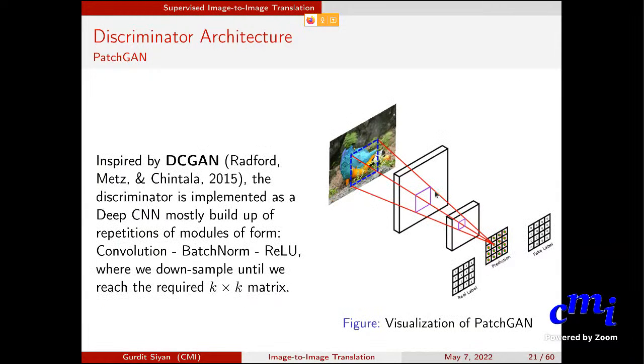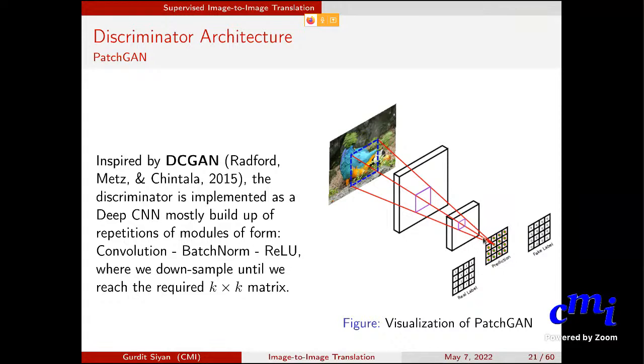So there's a small visualization of how PatchGAN works. There was a small confusion: PatchGAN doesn't literally break the image into patches and pass them through the discriminator. It just simply applies a CNN to the image, and the result stops at a k by k matrix rather than going all the way and predicting a 0 or 1 value.